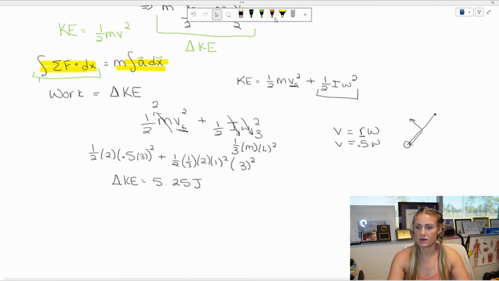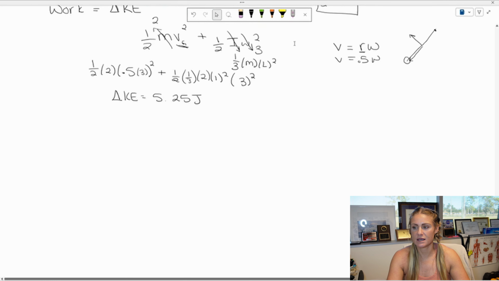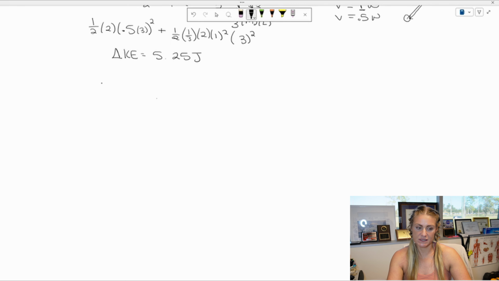Just like when we talked about impulse and momentum, we said that our linear impulse is equal to our change in linear momentum, and our angular impulse is equal to our change in angular momentum.